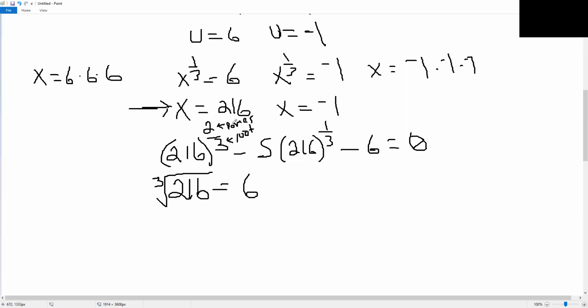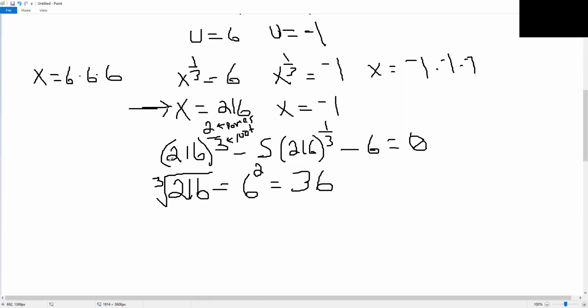Then you take the power and you do it there. So 6 squared is basically like 6 times 6, which is 36. Yeah, 36.